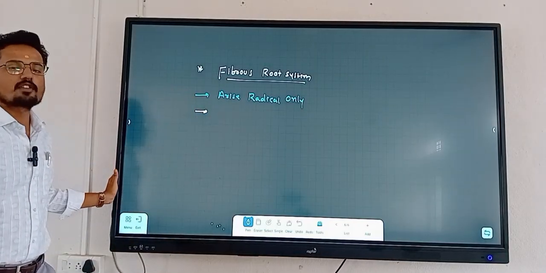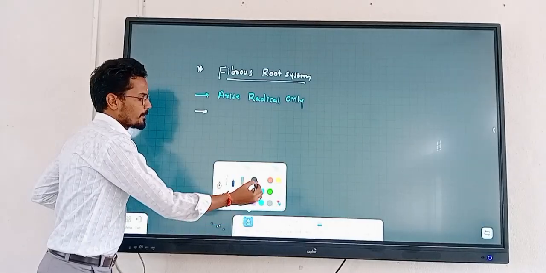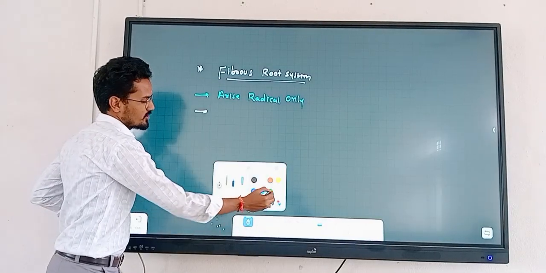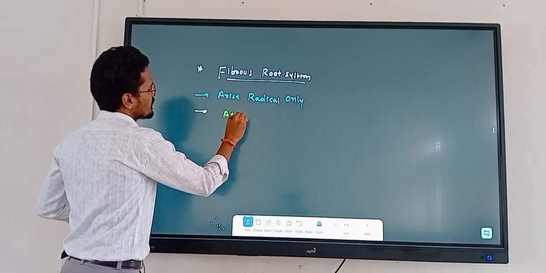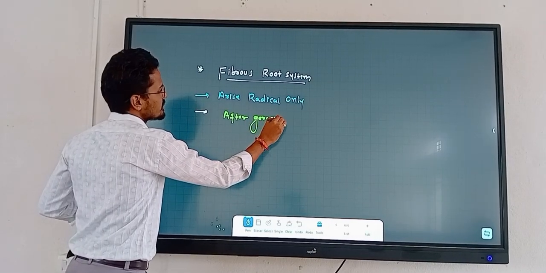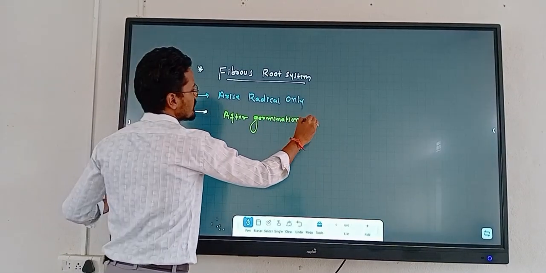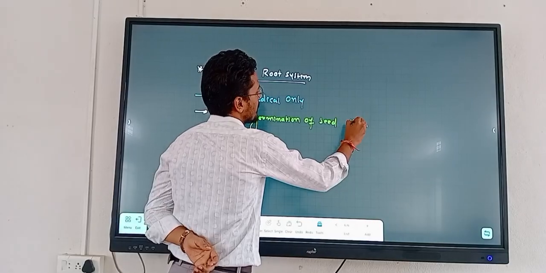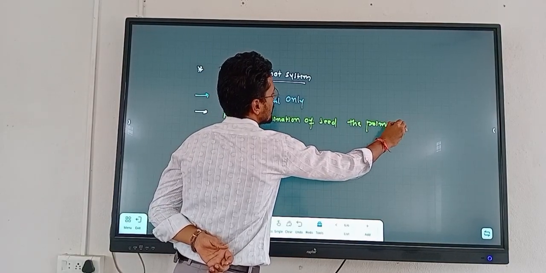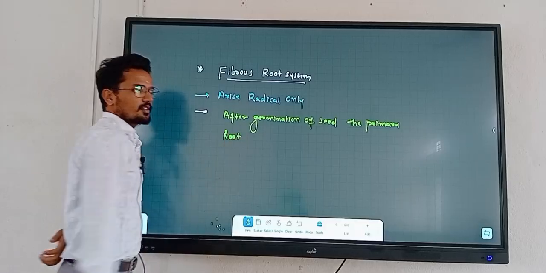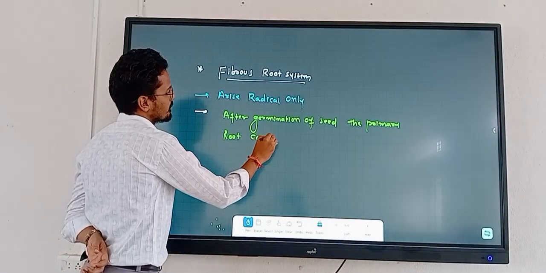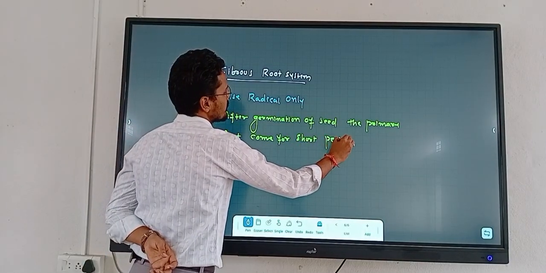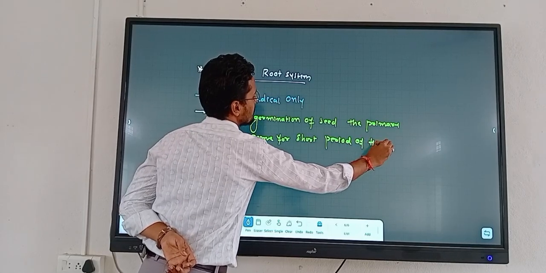How it differs from the taproot system is that here the primary root comes for only a short period of time after germination of the seed.